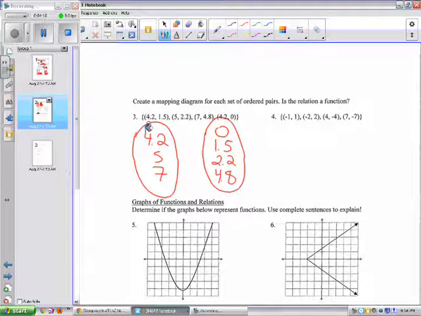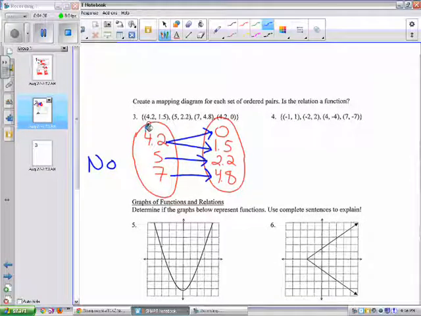And we draw our arrows to connect our domain with our range. 4.2 goes with 1.5, 5 goes with 2.2, 7 goes with 4.8, and 4.2 goes with 0. So because 4.2 is paired with two y values, then no, that's not a function. If we were to graph that, it would not be able to pass our vertical line test.